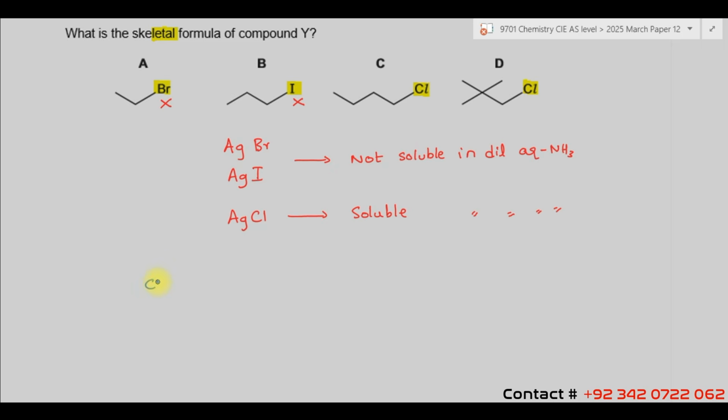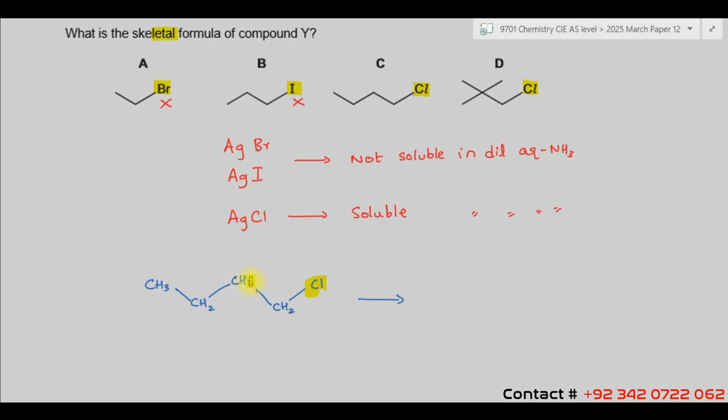So in C we have CH3, CH2, CH2, CH2 and Cl. Now for elimination, what happens? We have HCl removed. So from one carbon, chlorine is removed.